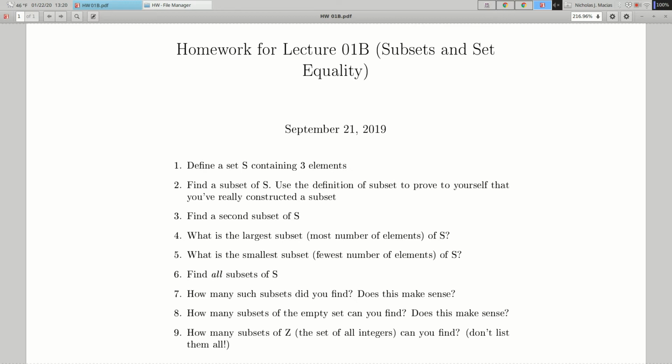Oh wait. So why is the universal set...? So when we talk about y complement, we really mean the universal set minus y. What's in the universe is not in y. Right, so we're starting with that and then throwing away the other.